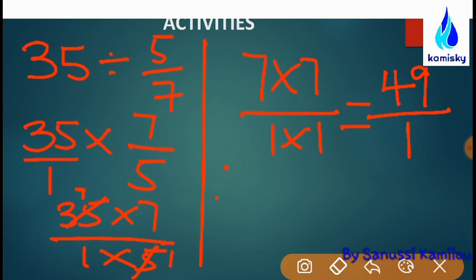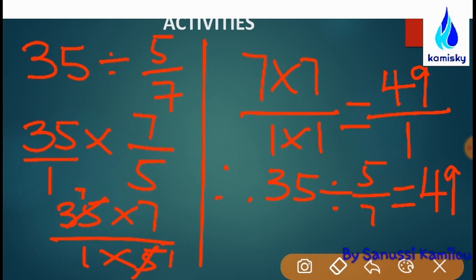So you have to conclude your work by saying that 35 divided by 5/7 is giving us 49. Then you get your answer correct. Are you following? Very good.